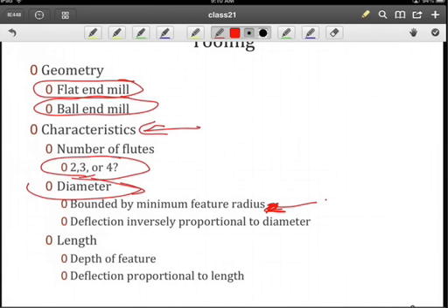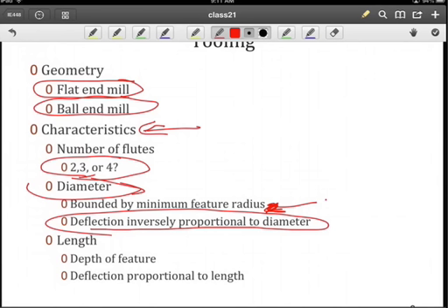So for that diameter, we might consider having the largest diameter possible, but here we're bounded by the minimum feature radius because we can't go any larger than that, and so we might have to do tool changes as we go through our paths. Also keep in mind that the deflection of the tool, which we'll look at a little bit later, is going to be inversely proportional to the diameter.